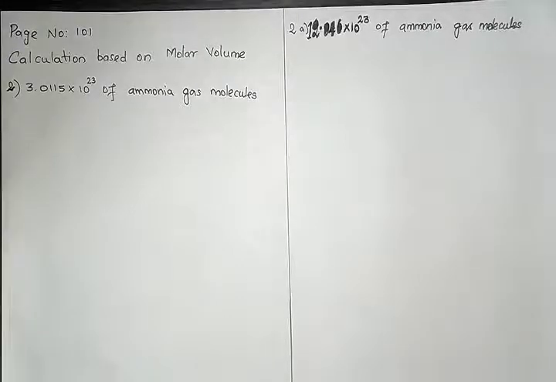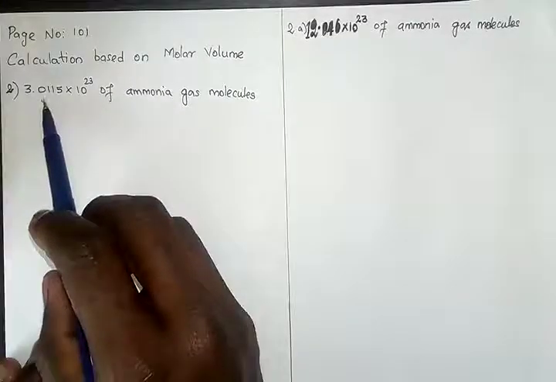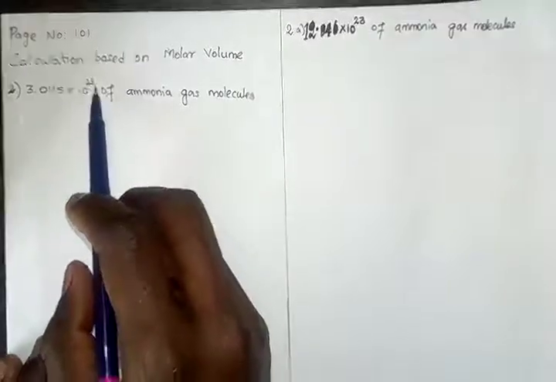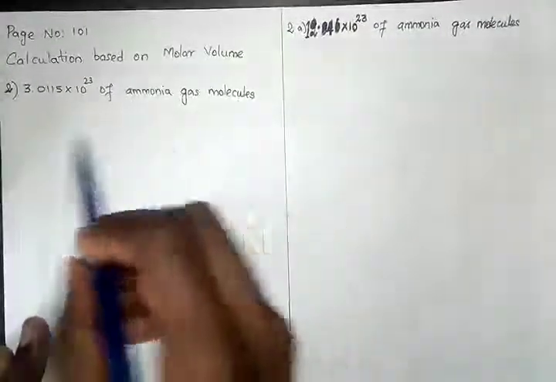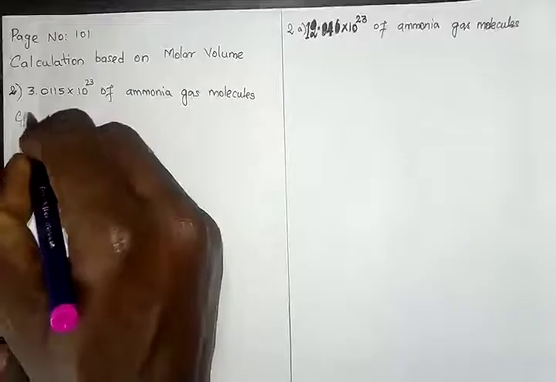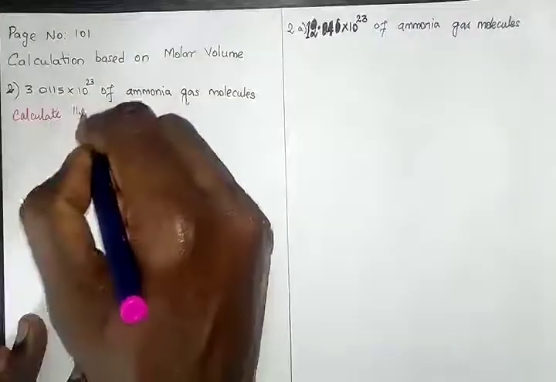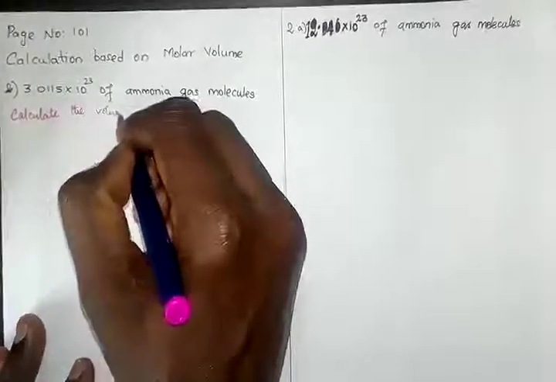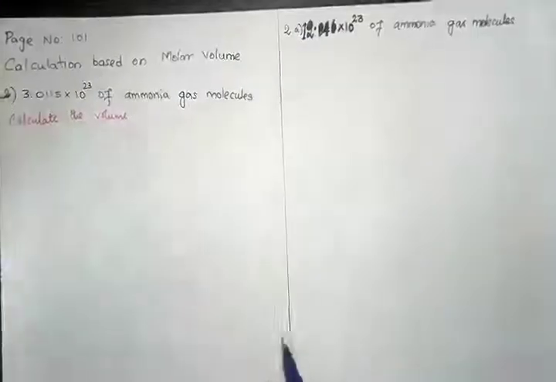So, let us go to the first sum, that is 3.0115 in 10 to the power of 23 of ammonia gas molecules. So calculate the volume, that is a question. Calculate the volume occupied by this many number of ammonia gas molecules.